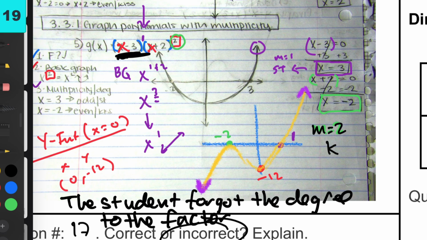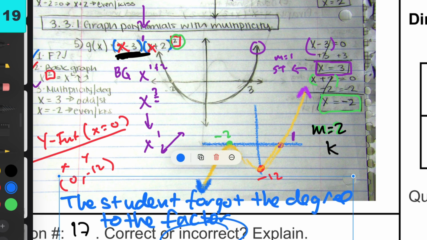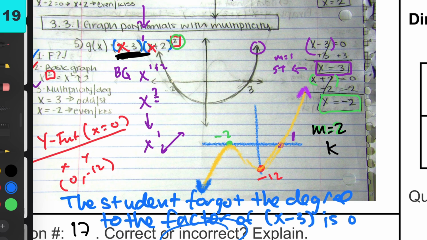I don't know if I can change colors. Let's see if I can do that. The student forgot the degree to the factor of x minus 3 is 1. Right? 1 is right up here.